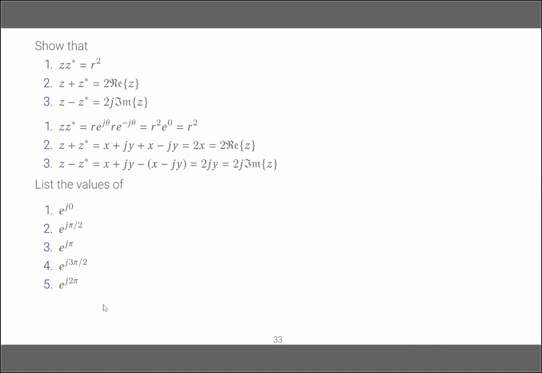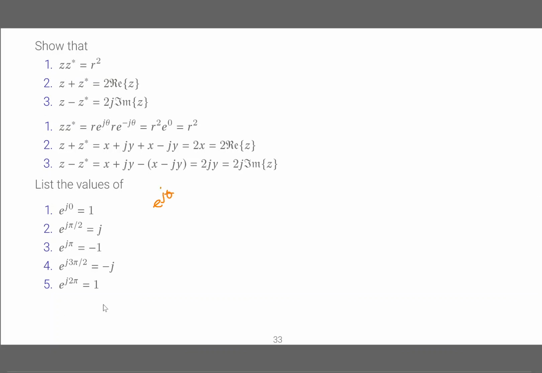We can go on to list some of the special values of e to the power of j theta terms. It's instructive to remember these things. So e to the power of j 0, using Euler's relationship, we can write as cos 0 plus j sin 0, so it is 1. So always use Euler's relationship: e to the power of j theta is equal to cos theta plus j sin theta.